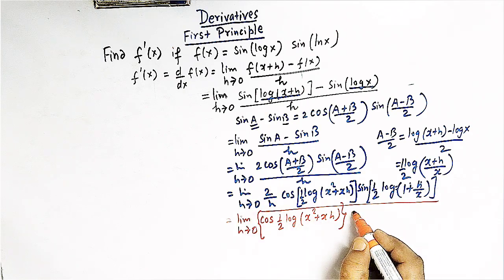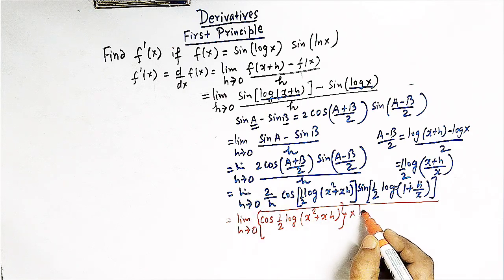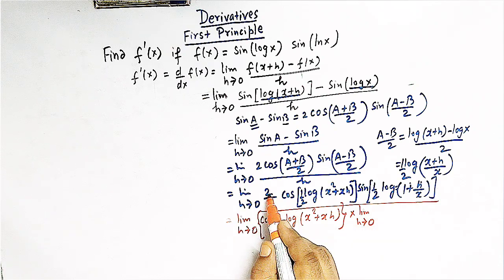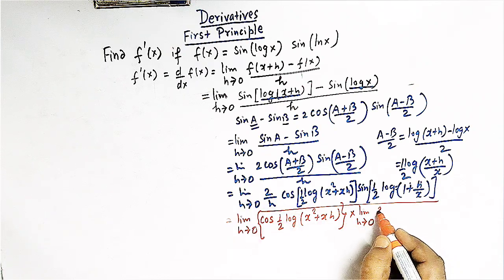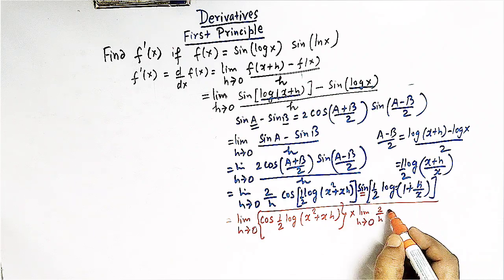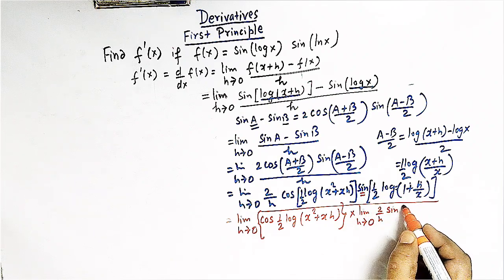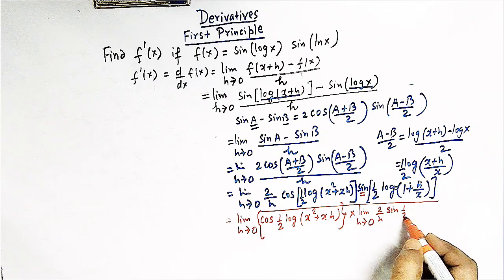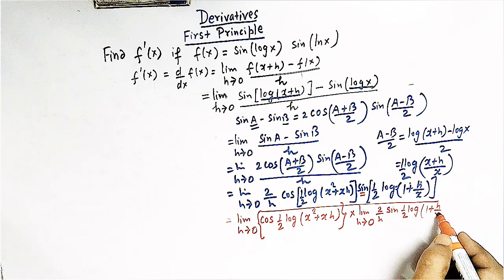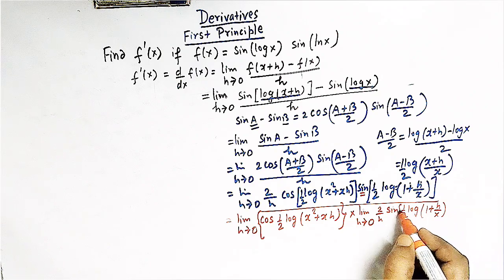And then we can now write limit h tends to 0, and we can combine this term, that is 2 over h, with this sine term. So here we have sine, and then we can write half log of (1 + h/x), right?